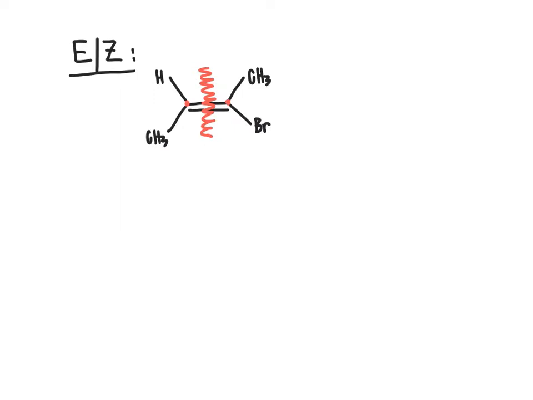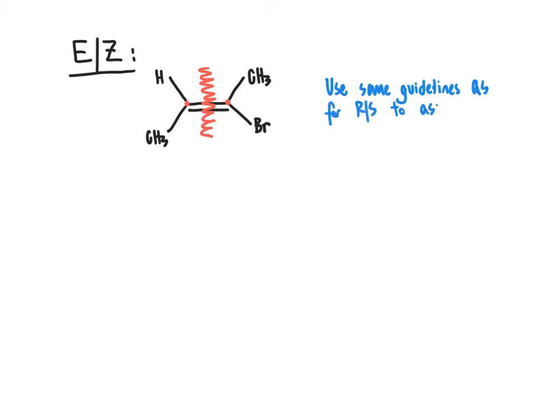And the higher ranking is determined using the same guidelines that we used for the R and S notation. So remember, those guidelines were based on higher atomic number. So use the same guidelines that you used for assigning R and S to determine the relative rank of those.